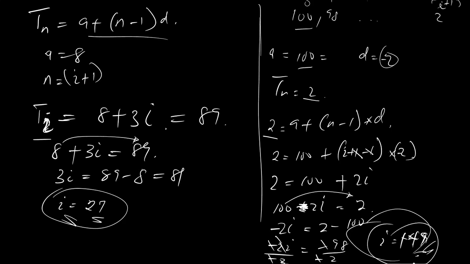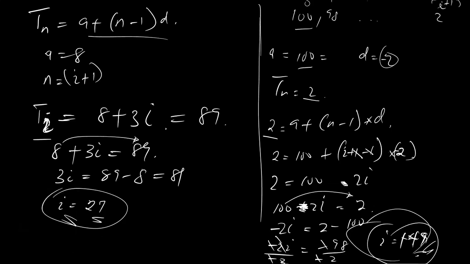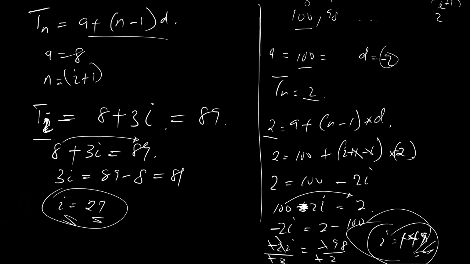So it's not supposed to be minus. So the difference is supposed to be minus 2. So here we're supposed to have minus, minus 2I. So that means our I is equal to 49.